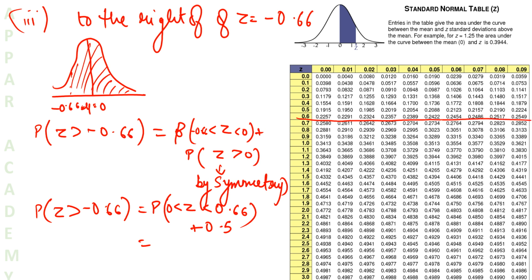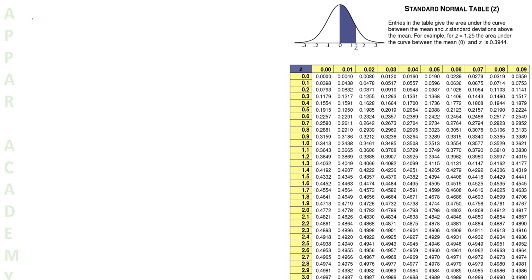So this becomes 0.2454. 0.2454 plus 0.5 is equal to, sorry, this becomes 0.7454, right?